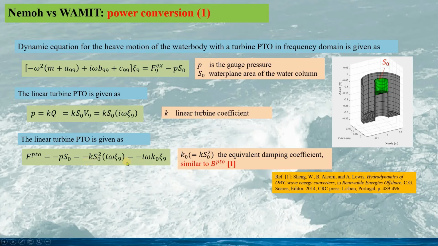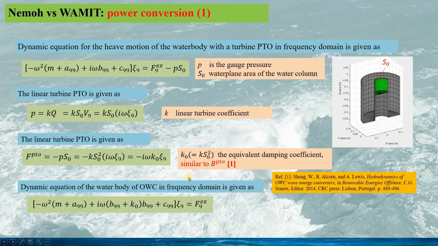Then we have the same expression for the PTO force as for the point absorber. Here, K0 is very similar to B PTO. Now the dynamic equation for the piston in the frequency domain would be given as this. This is exactly the same dynamic equation as for the point absorber with the linear PTO.